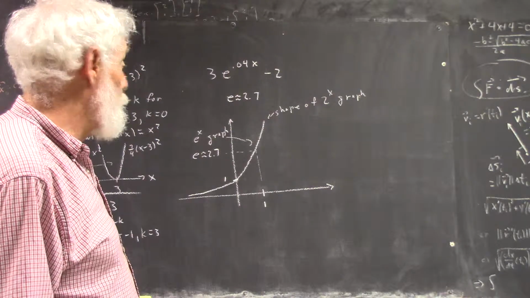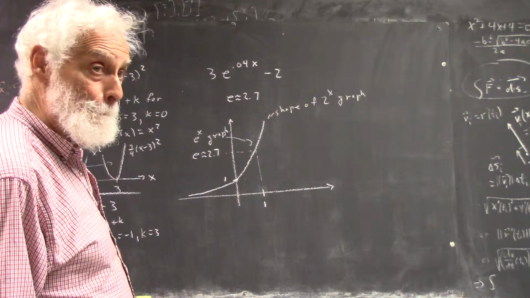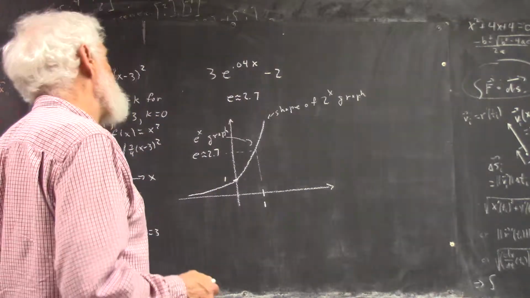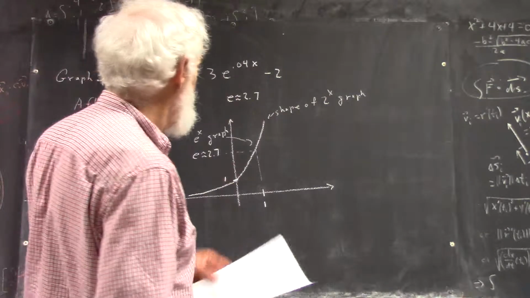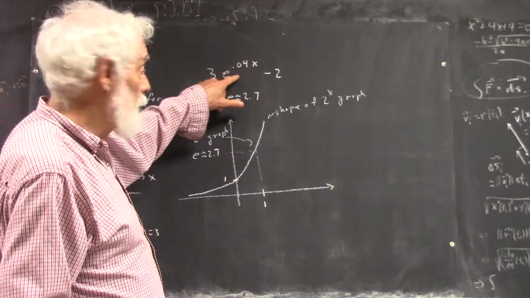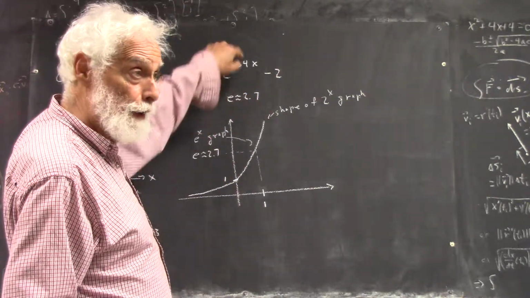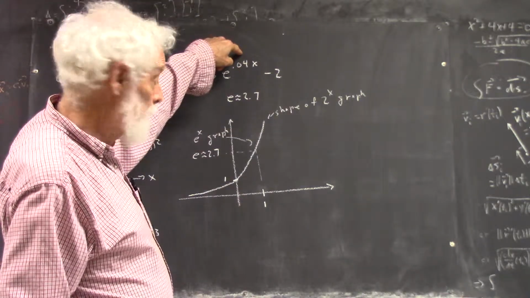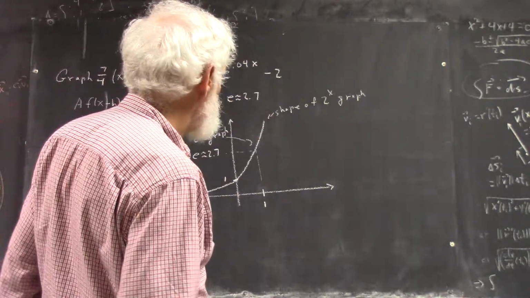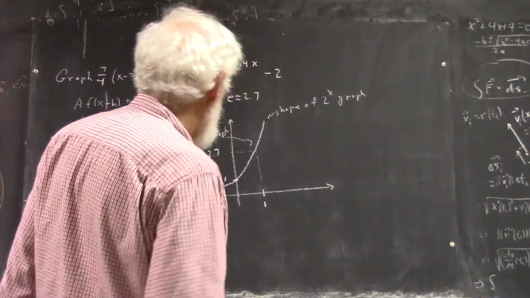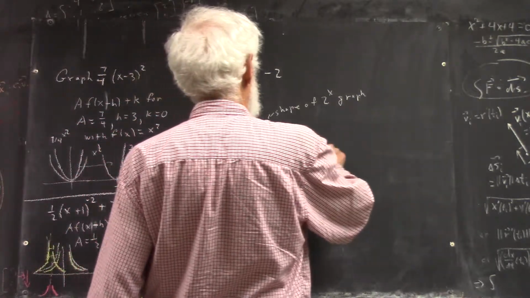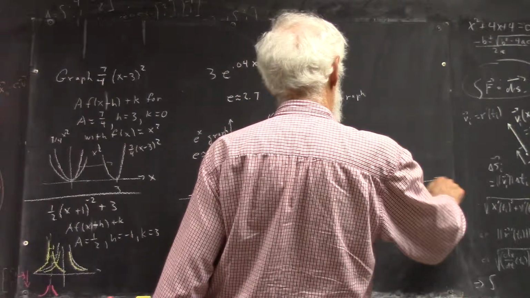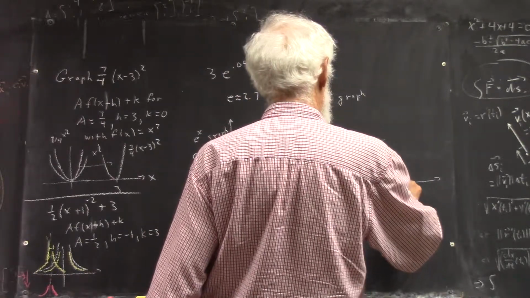Now what about e to the 0.04x? Well, x has to be a lot bigger to give you the same value. Like x has to be 25 in order that you get e to the 1 here, right? That makes sense? So, on that scale, before we get up to e, we've got to go all the way out here, and it's really further than this, but let's just say 25 is here.